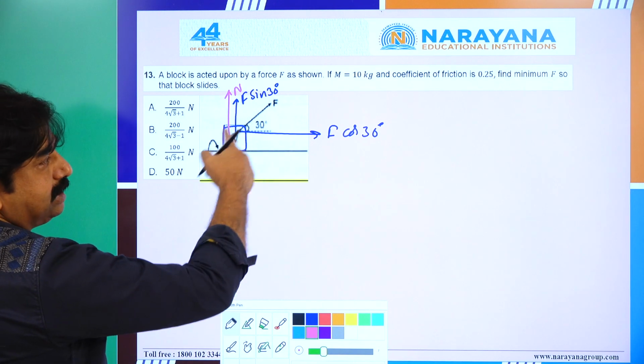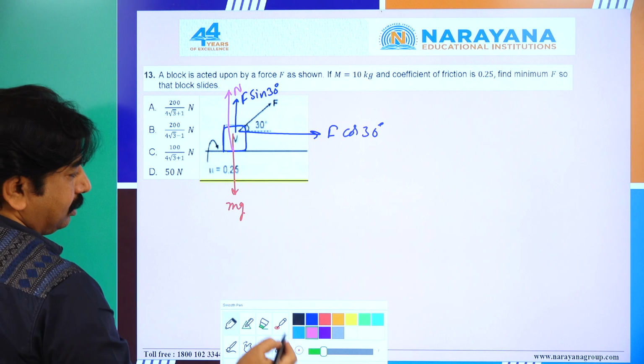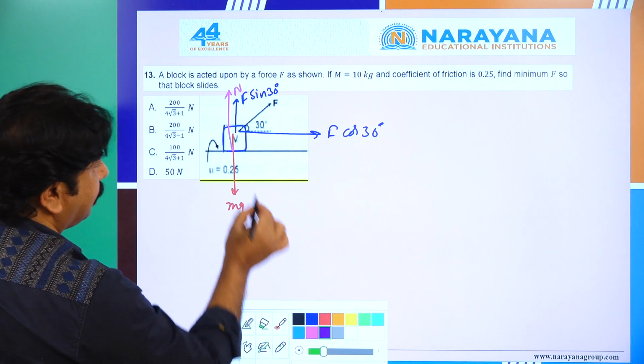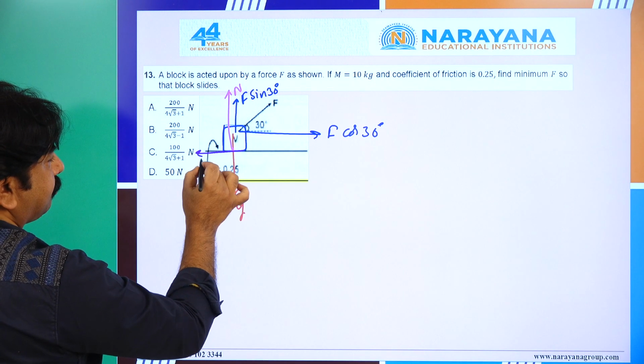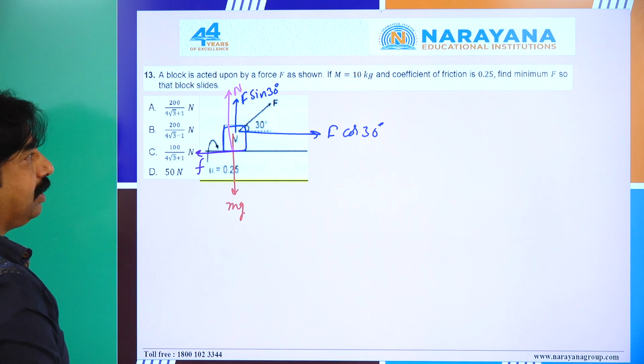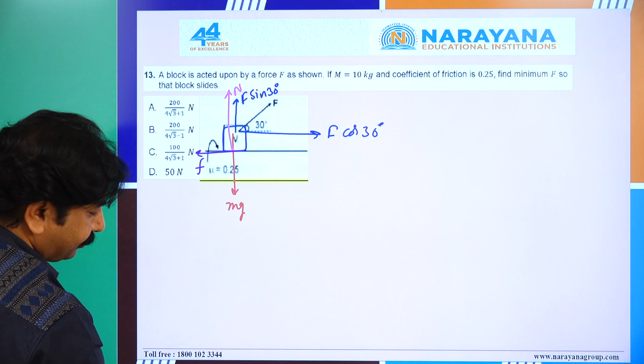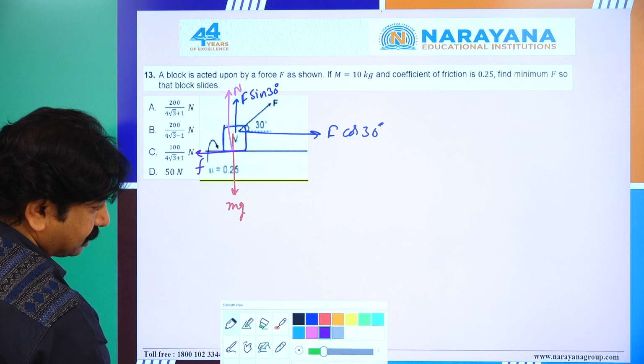So here the tendency of this one is in this direction. The friction force on this one should be in the backward direction. Now, already we know the conditions.